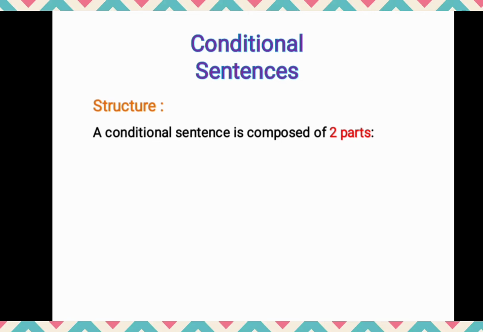First of all, keep in mind the first thing: a conditional sentence is composed of two parts. The first part is the if clause plus the second part is the main clause. That is the construction of conditional sentences and the structure as well in English grammar.